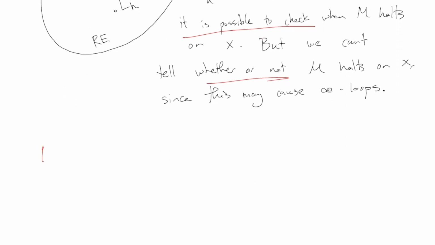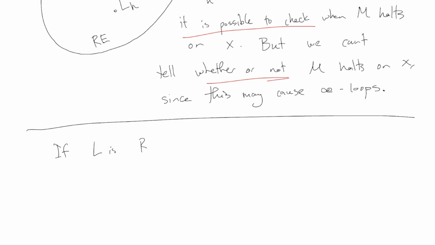So this is not about the halting problem anymore, but just generally speaking, if L is RE, some other language in general, RE but not recursive, that means there exists an algorithm. By algorithm, I mean just a procedure to decide something. In a more technical sense, it's a Turing machine that can make that decision.